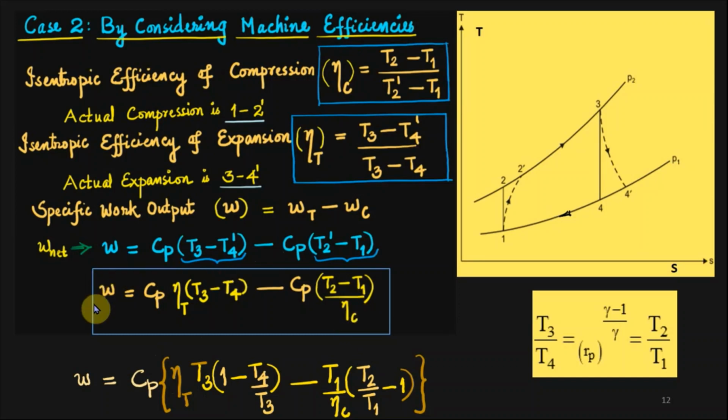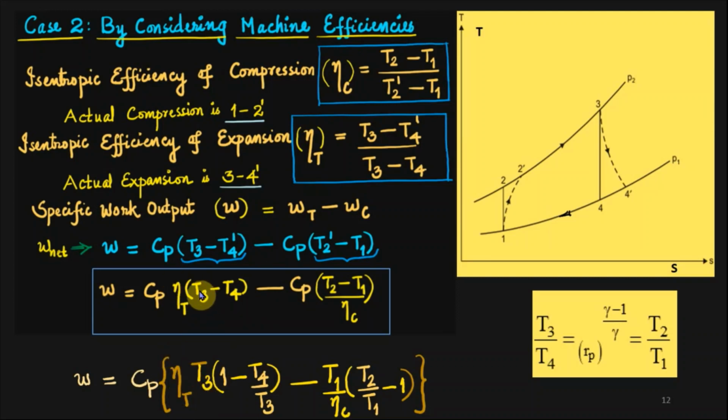Now this is the expression for W, specific work output in the actual case, and now we have to manipulate this expression by taking T3 outside from the first term and T1 outside from the second term. Cp is already common. So Cp into, see what you can do is within the bracket eta suffix T is already there.